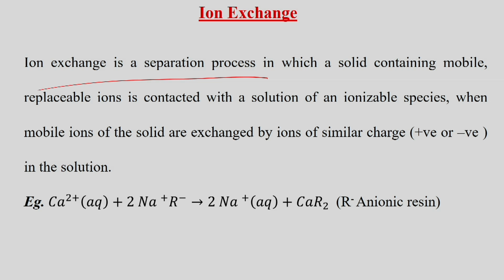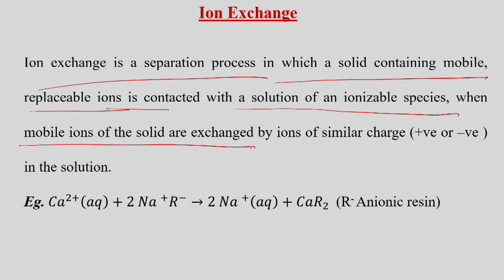It is a separation process in which a solid containing mobile and replaceable ions is contacted with a solution of an ionizable species, and the mobile ions of the solid are exchanged by ions of similar charge, which may be positive or negative. Suppose a solution has some amount of calcium ion.